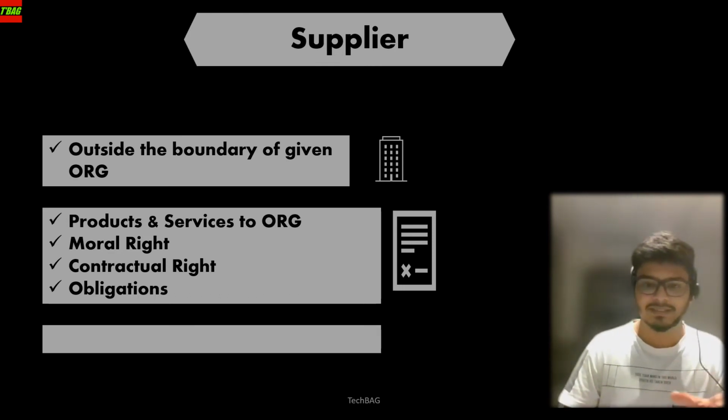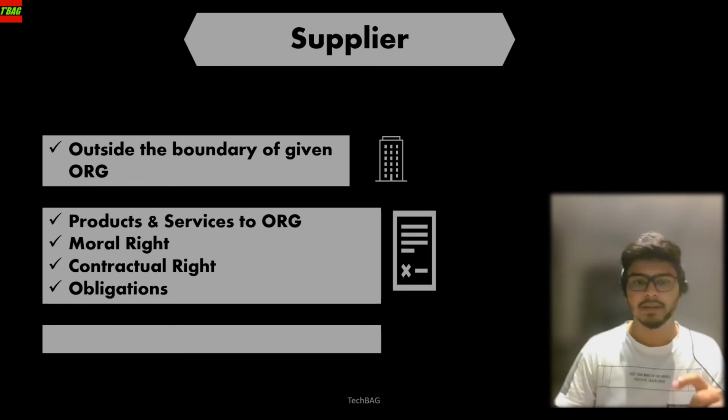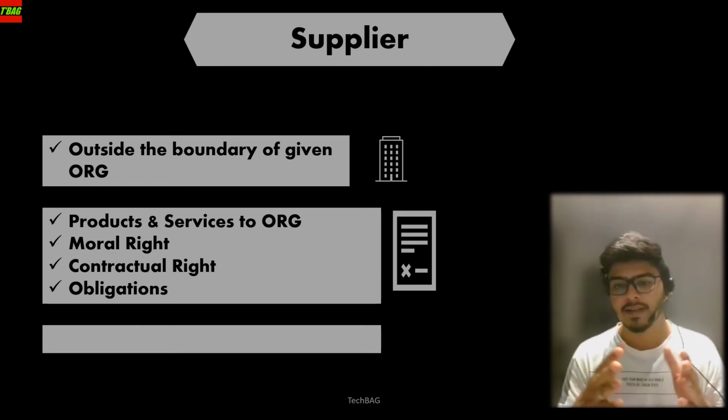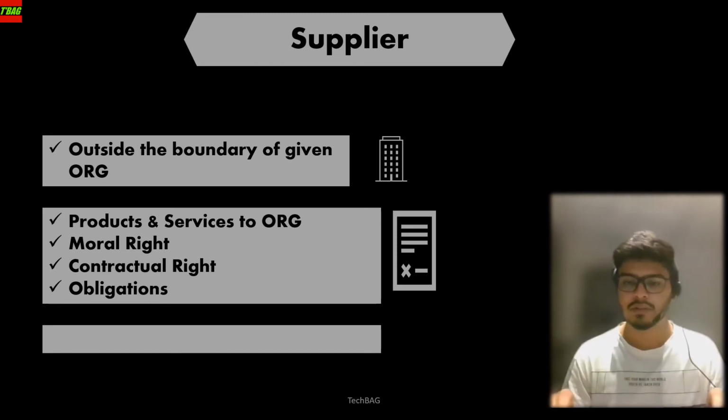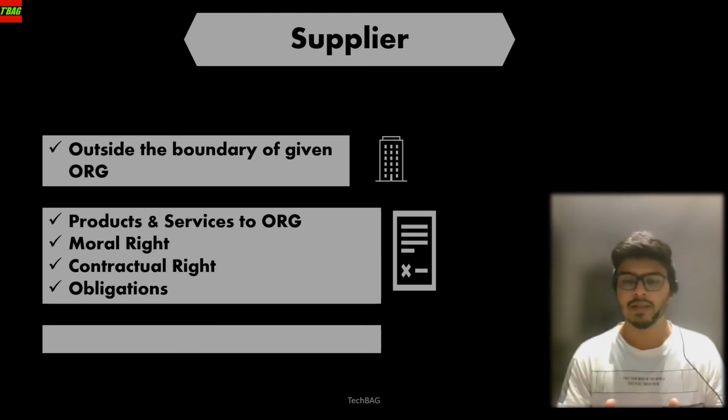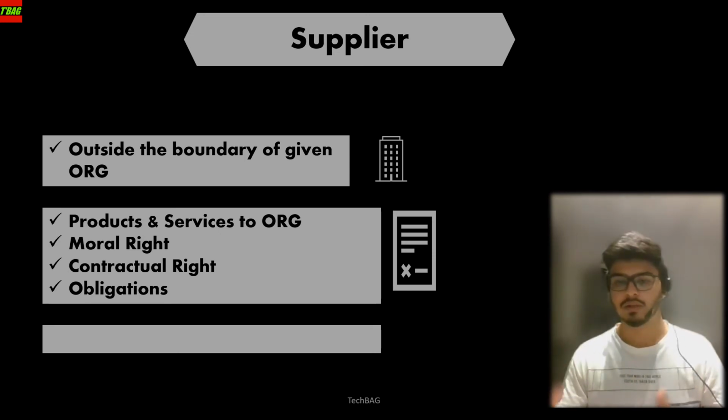So these things are meant for suppliers, so that they have a certain contract, they have signed certain obligations within that particular organization that they will provide these products and services for a limited period of time or for a particular amount, and what is their period of contract, and what are the services they would be getting. So these are all things that a supplier would maintain with the organization.